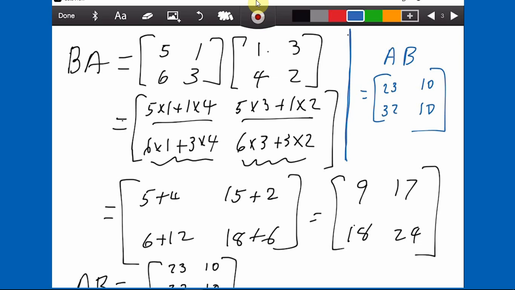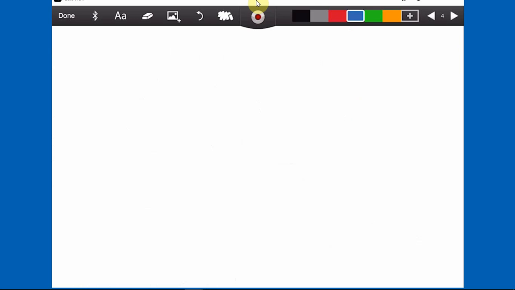All right, so when you compare AB and BA, you'll notice that they're not the same. So that's one of the things about matrix multiplication that we've got to know.